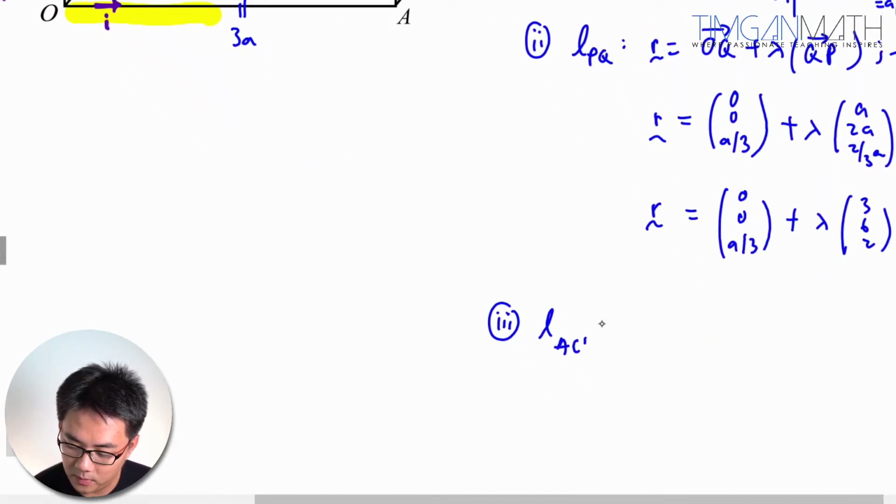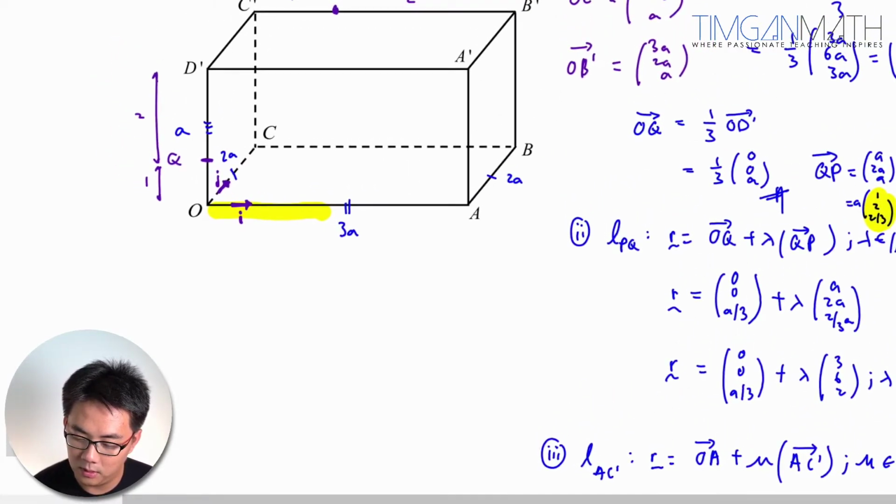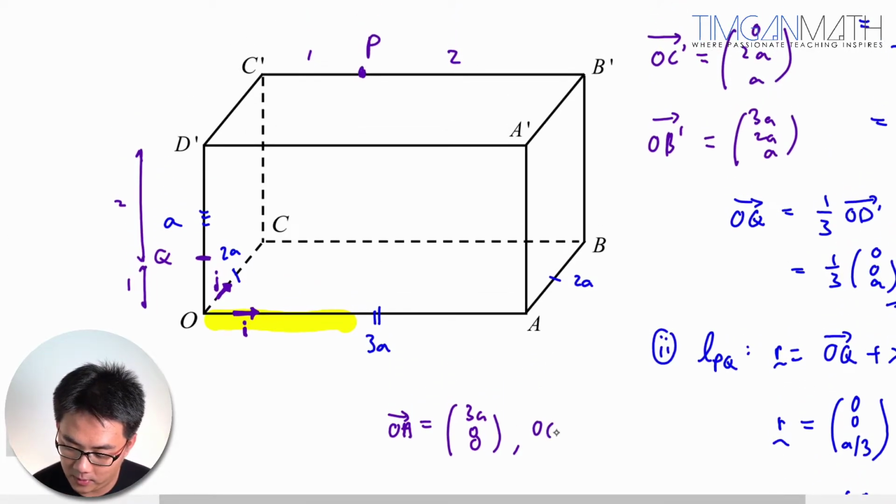R equals OA plus mu AC prime. It's a lot of work. But anyway, I'm just going to find OA. OA will just be 3A, 0, 0. OC prime will just be 0, 2A, and A.